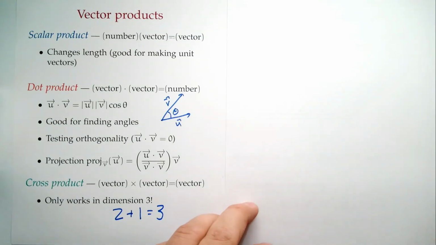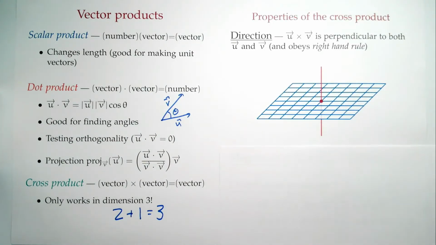What's going on? Well, if I ever want to talk about a vector, I always say, look, a vector has 2 important properties. It has direction and it has magnitude. So let's talk about the direction. And this is why we're talking about that dimension 2 plus 1 equals 3. Because here's what happens. Suppose I have 2 vectors.